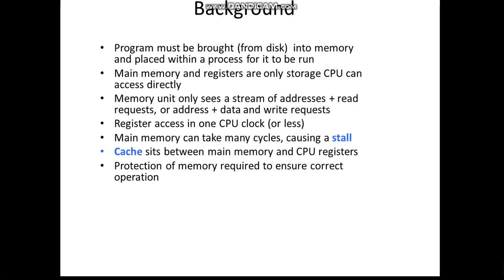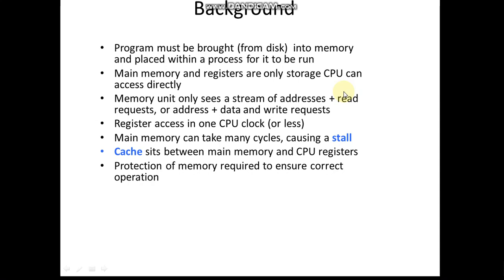As you know, in order to execute any particular program, it must be brought into the main memory first. Main memory and registers are the only storage the CPU can access directly. Memory only sees a stream of addresses, reads the request or address and the data, and write requests.